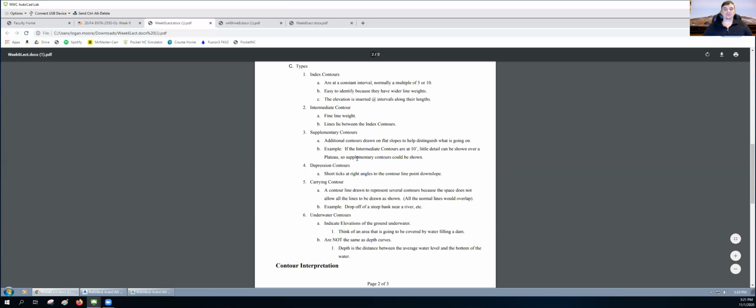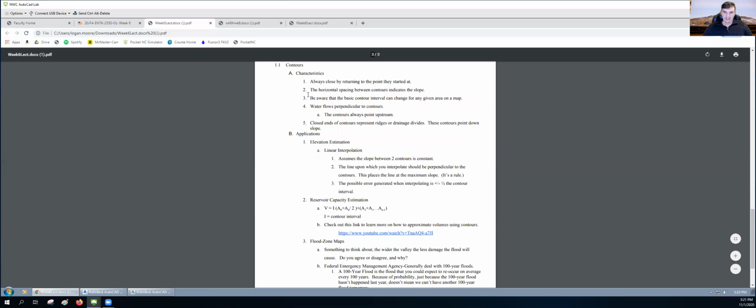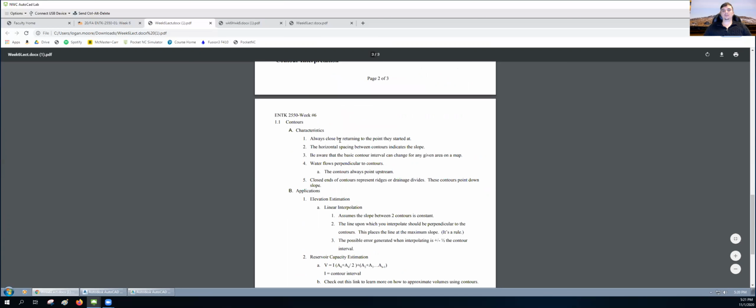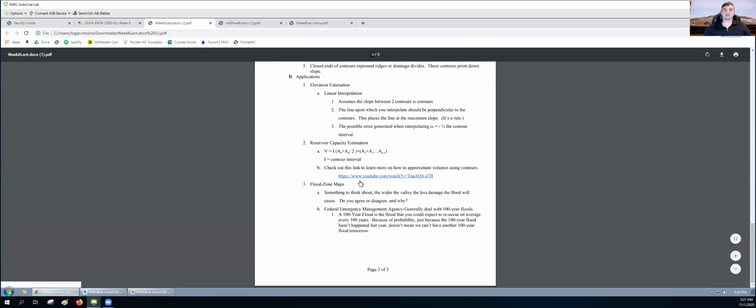And it also depends on who you're working for and how they like to label things. But yeah, you can interpolate or pretty much guess the slopes of things based on the distances on the page, of what they look like and what they measure out to be. And so yeah, you'll use this if you're a civil engineer to figure out flood zone maps, reservoir capacity estimation.